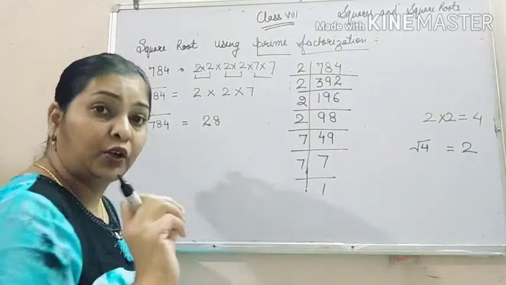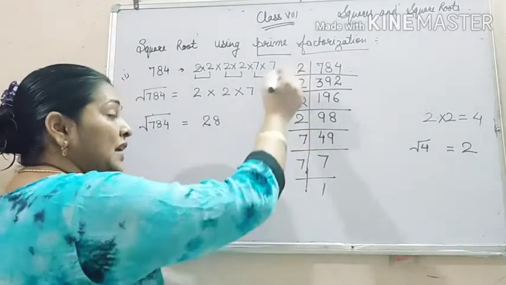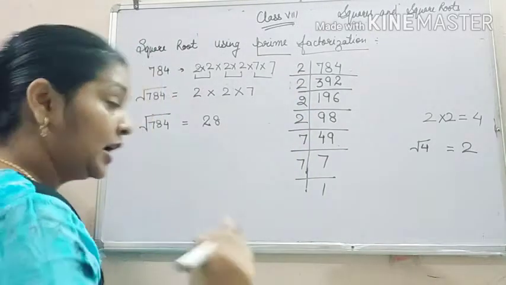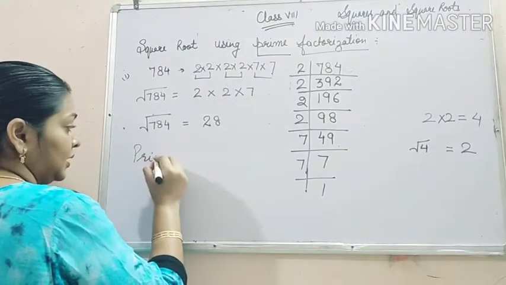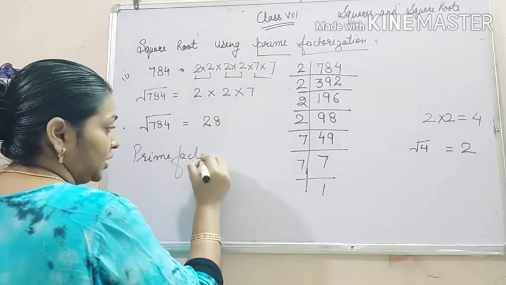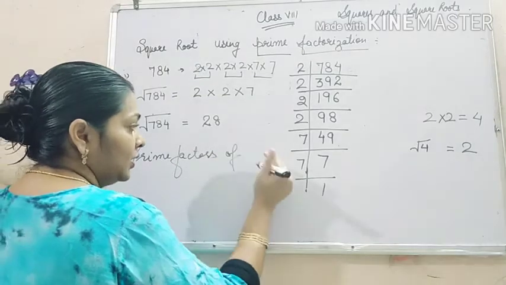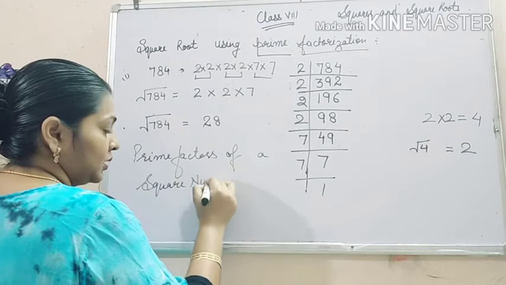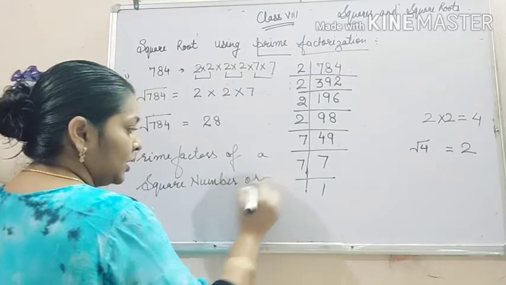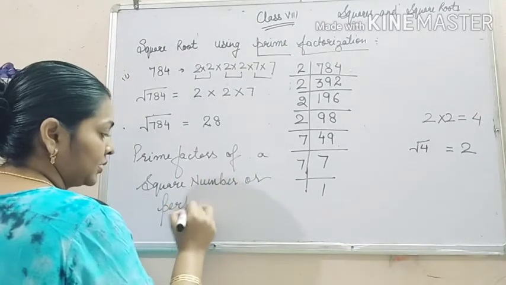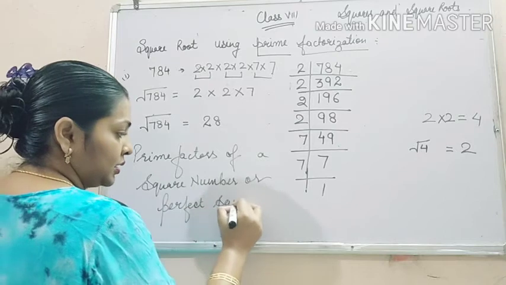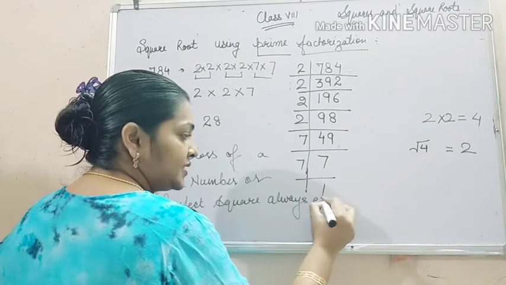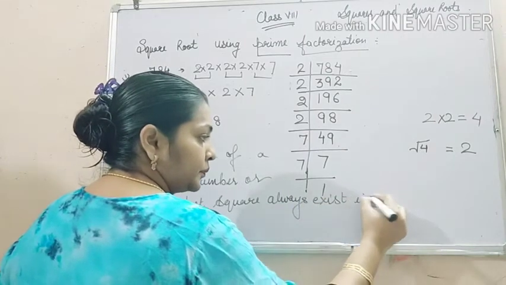For a number to be a square number, its prime factors should always exist in pairs. Okay, the prime factors of a square number or perfect square always exist in pairs.